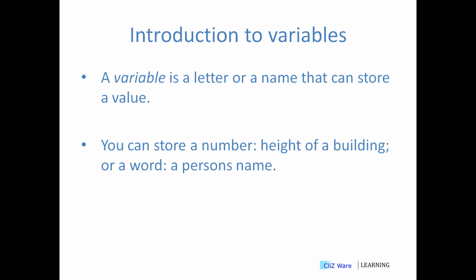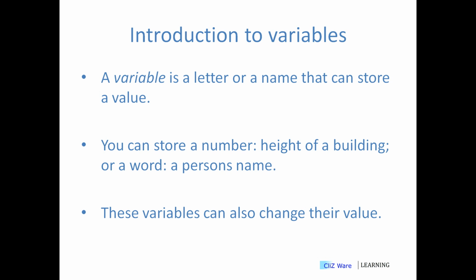Oh, this was a bad spelling. However, the third usage is that variables can also change the value. As we saw in the previous videos, and especially the last video where we looked at for loops, we had a clear example of a variable that changes through the program.